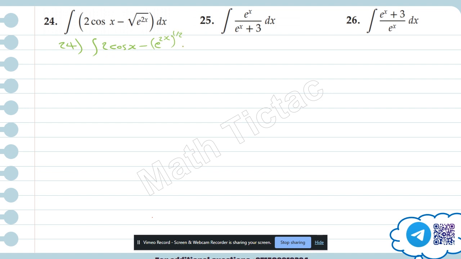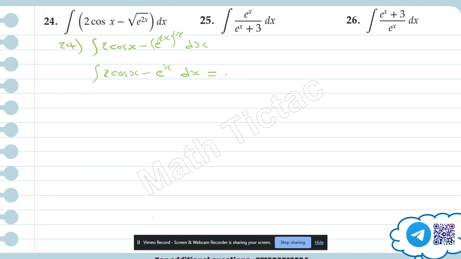Now 1 over 2 multiplied by 2x, the 2 with 2 are eliminated together, so that leaves me with e to the power x dx.